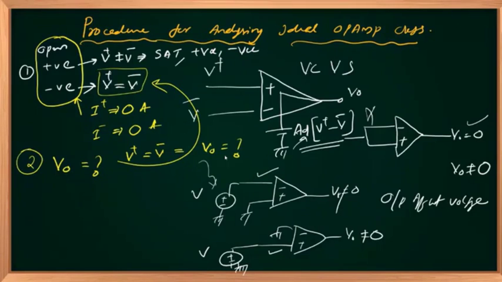You cannot apply V plus equal to V minus there, but in your second case you can apply it while evaluating your output.